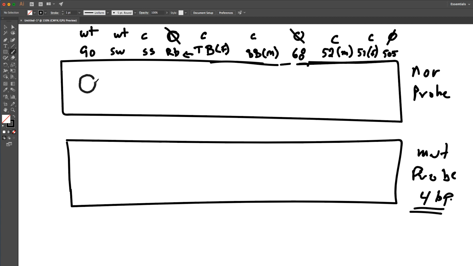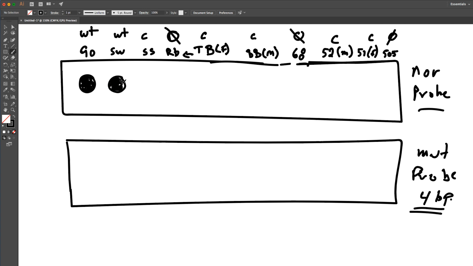So if you look at the dot plot, you see that they have wild-type DNA for the wild-type or the normal probe, and they lack any dot in the mutated probe. If you look at individual SW who is of Jewish descent, and is wild type, then they also have the same pattern.